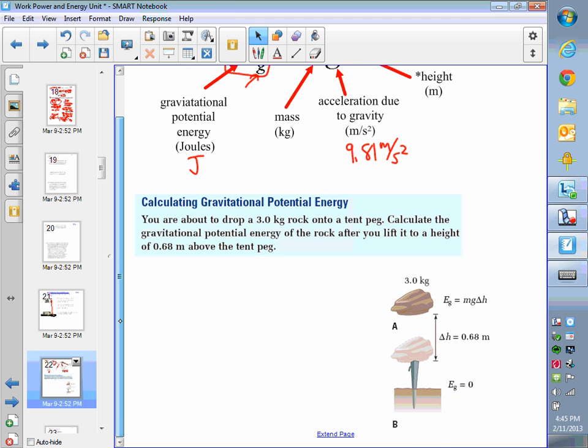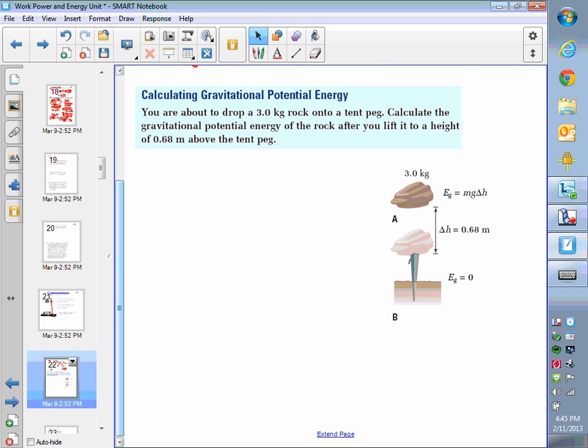So let's take a look at this example. You're going to drop a 3-kilogram rock onto a tent peg to try and hammer it into the ground. So you have a 3-kilogram rock and you're just going to let it drop down onto it. Calculate the gravitational potential energy, the potential for this thing to do work, after you lift it to a height of 68 centimeters or 0.68 meters above the tent peg.